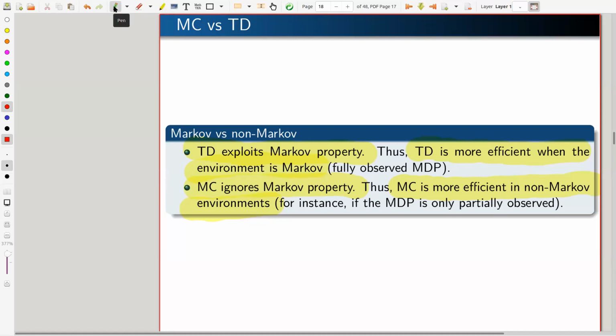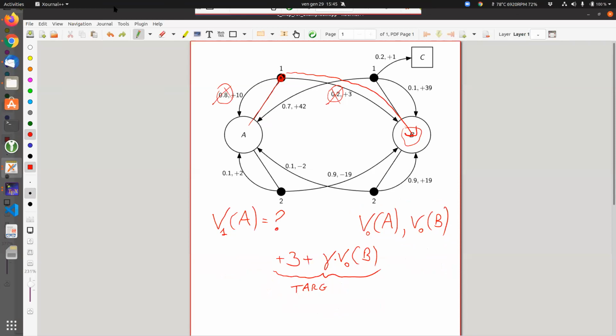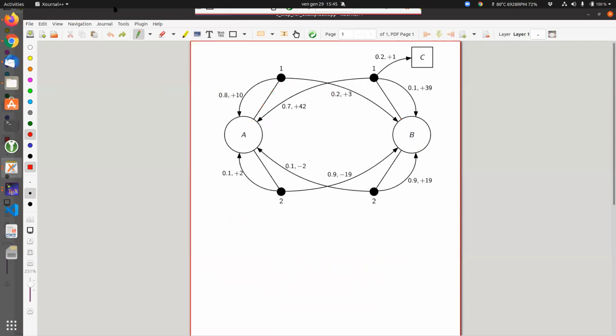Let me check if you have an idea. Let's go back here. I'm asking you to invent a new method. Up to now, we have one method called Monte Carlo that starts from state A, goes all through one episode until the end, and then does something.